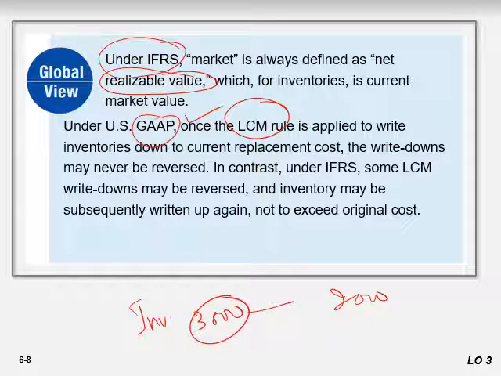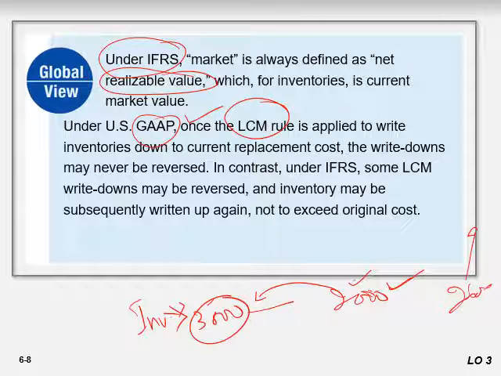But in GAAP this can never be reversed. You cannot write that inventory back up if its value increases. For example, after some days the inventory value is now 2,600.